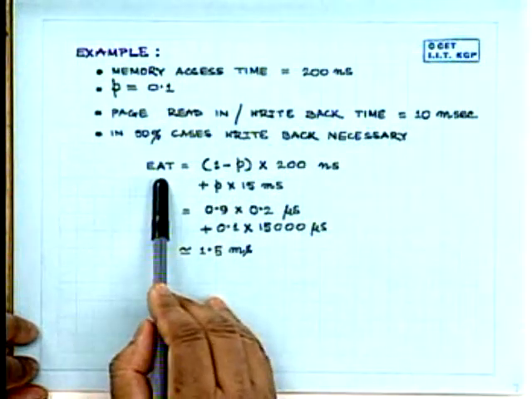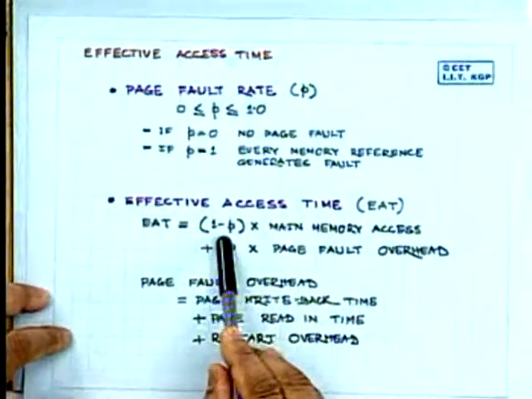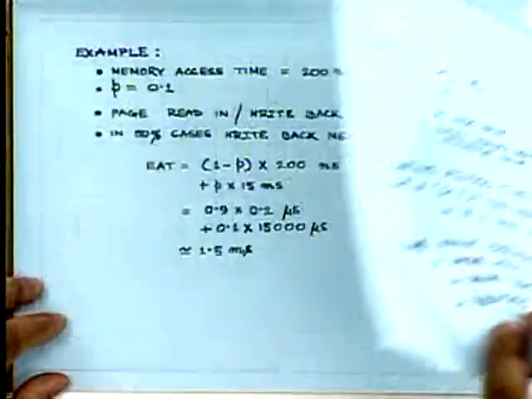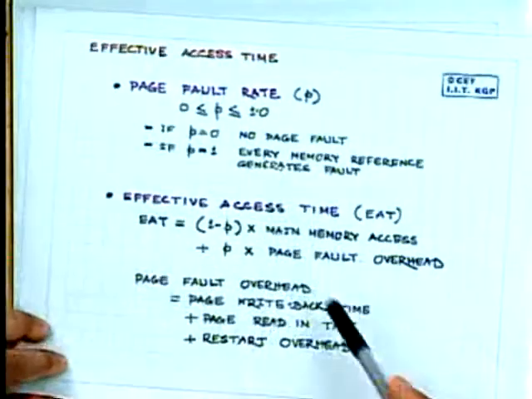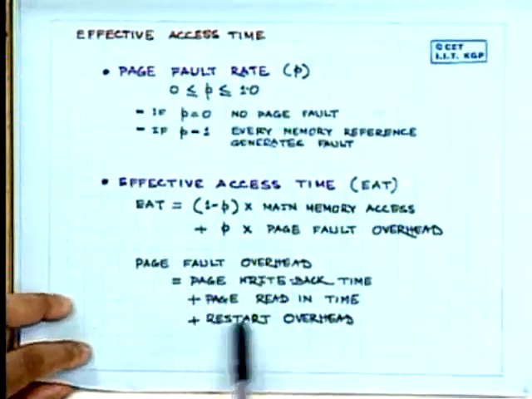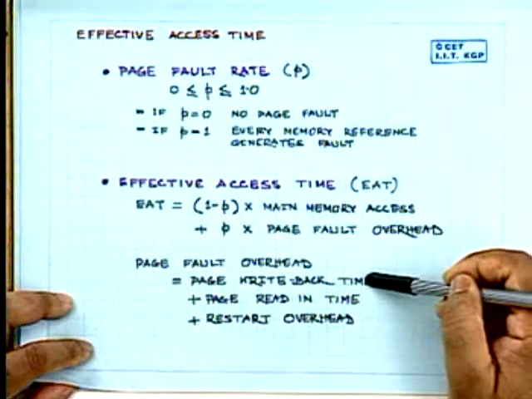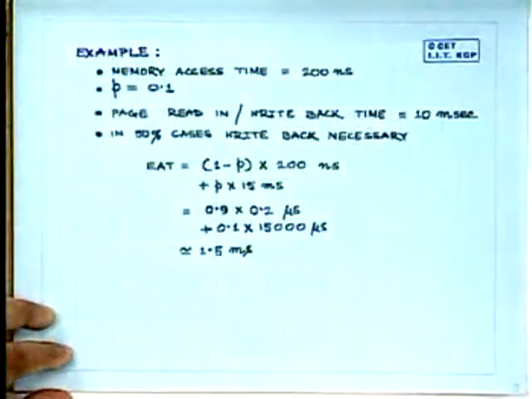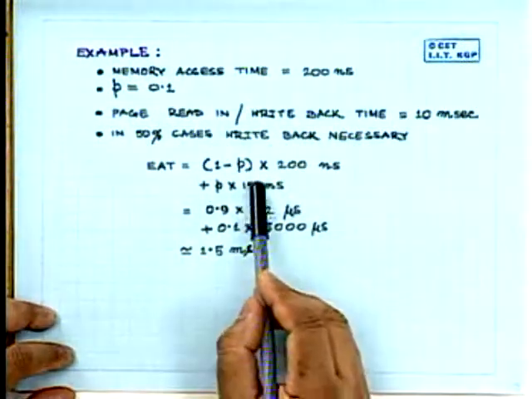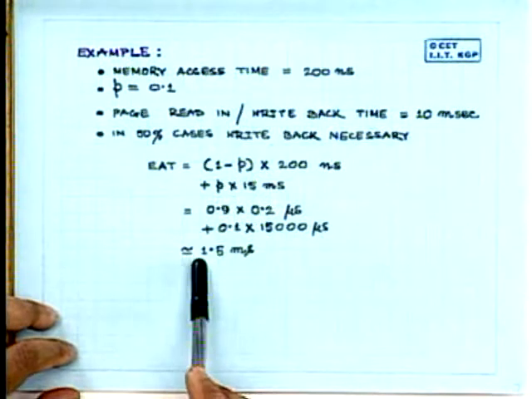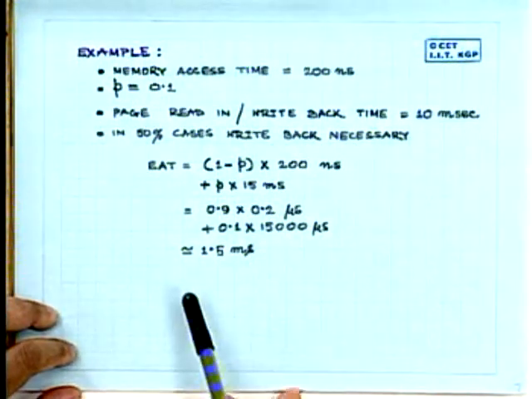Then the EAT will be (1 minus P) times 200 nanoseconds, plus P times 15 milliseconds, where I have just ignored the restart overhead. I have taken the page write back time and the page reading time, and since in 50% of the cases the write back is necessary, I have taken it to be 15 milliseconds. And if you compute it out, it turns out to be 1.5 milliseconds.